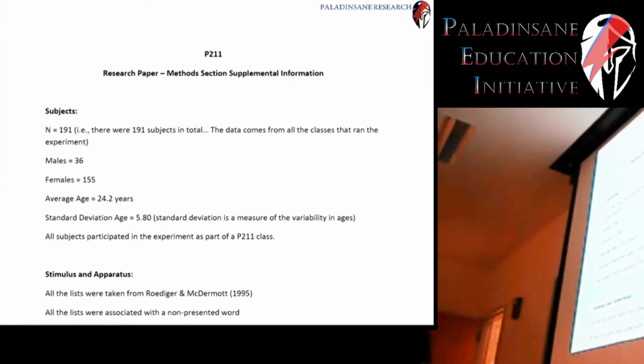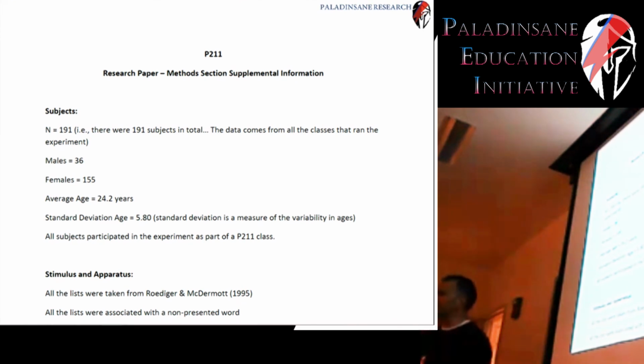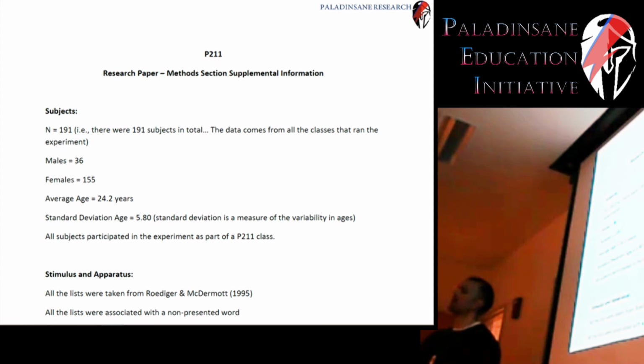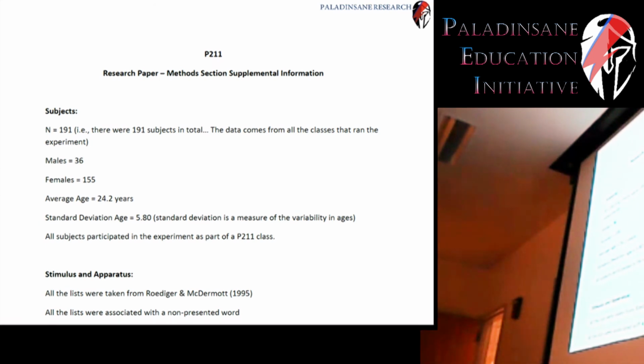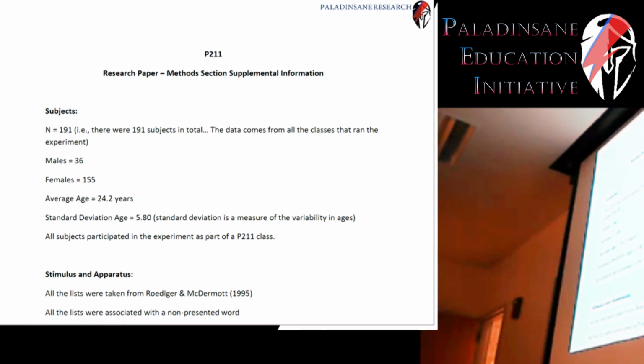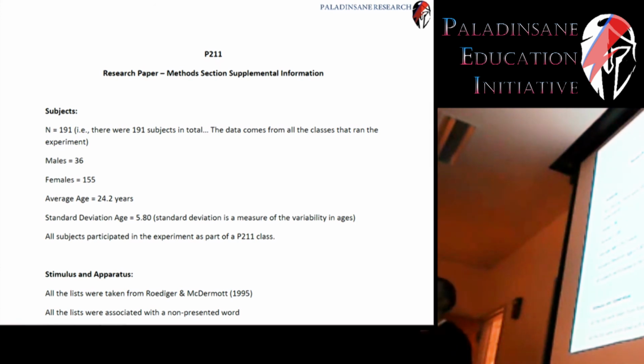Okay, so just to make you aware, this PDF is now available in Canvas in the resources section for the research paper in the files. So this is your supplemental information. This has all the information that you need that you wouldn't necessarily know.